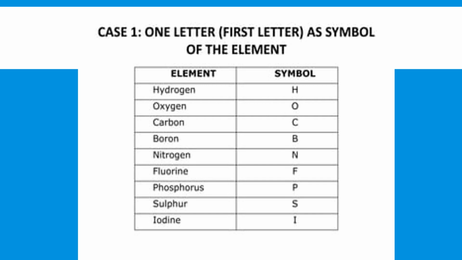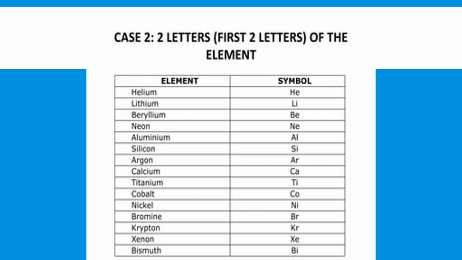Yes. The first thing is, for a few elements, the first letter is used as the symbol of that element. For example, hydrogen H, oxygen O, carbon C, boron B, nitrogen N, and so on. We can see the second example. Here, the first two letters of the element are used as a symbol. Whenever one letter is used as a symbol, it is always capital.